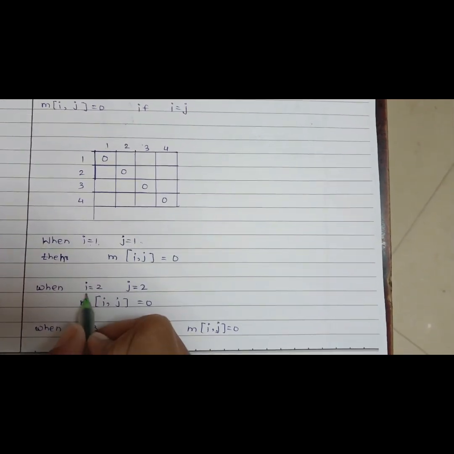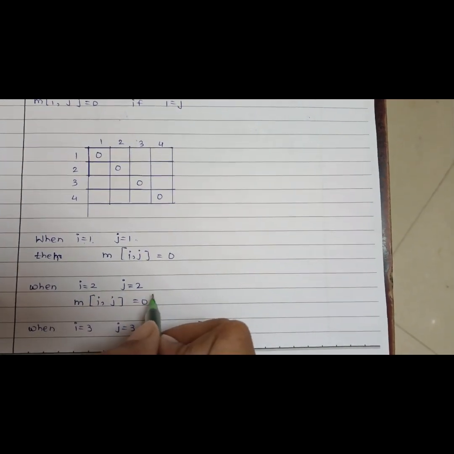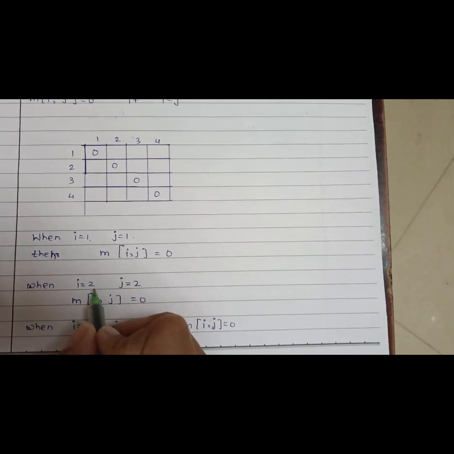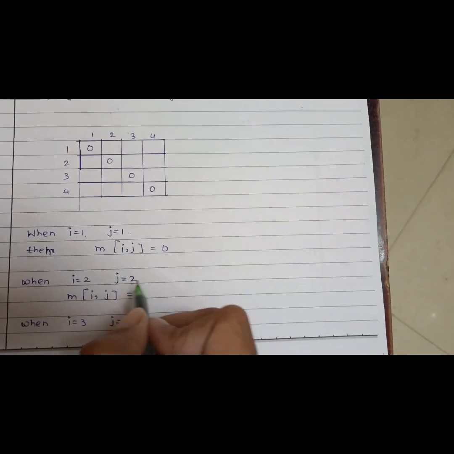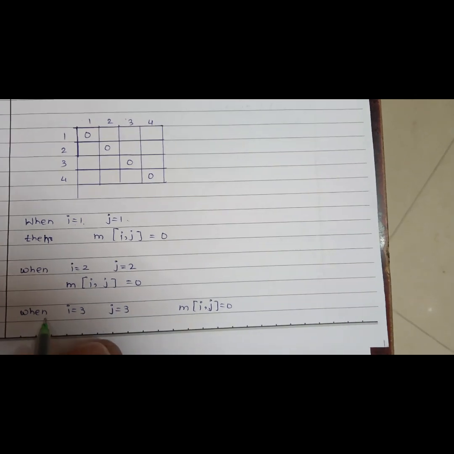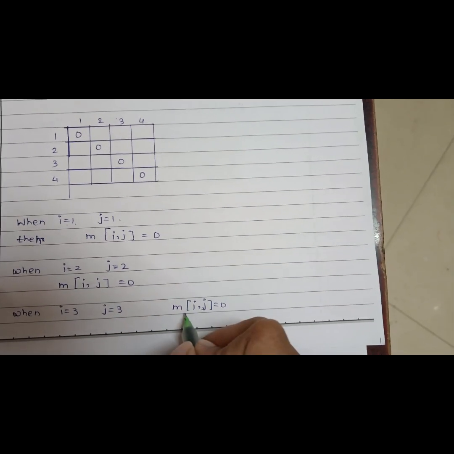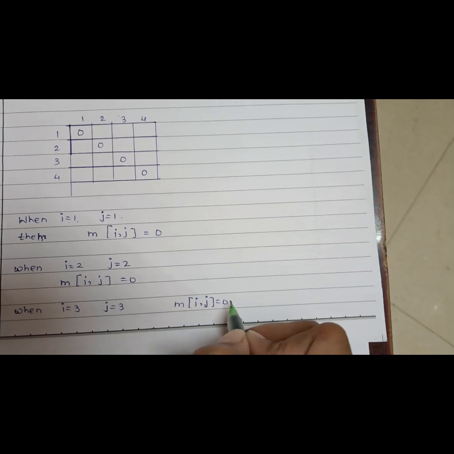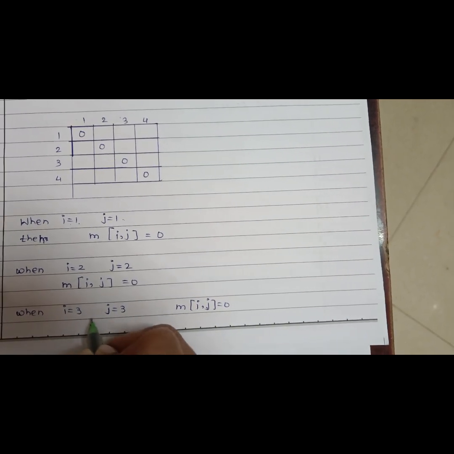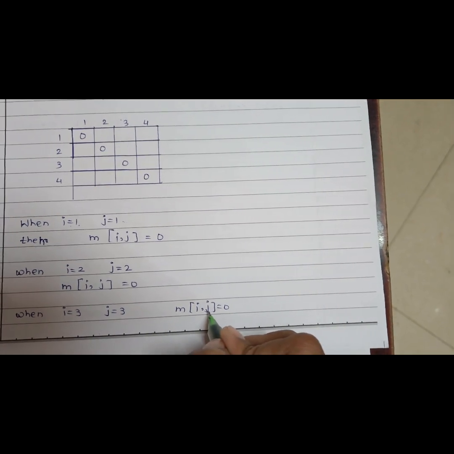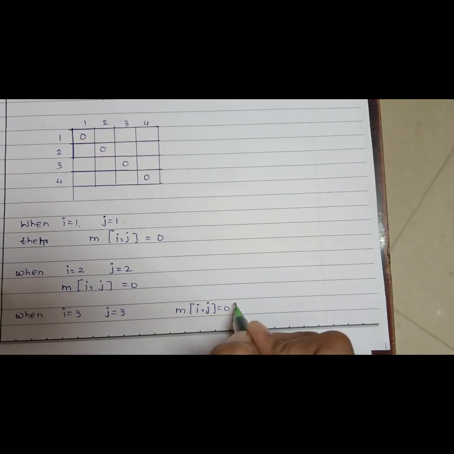Similarly, when i is equal to 2 and j is equal to 2, m of i comma j is equal to 0, because here i is equal to j, that is 2. When i is equal to 3, j is equal to 3, then m of i, j is equal to 0, because here i is equal to j is equal to 3.